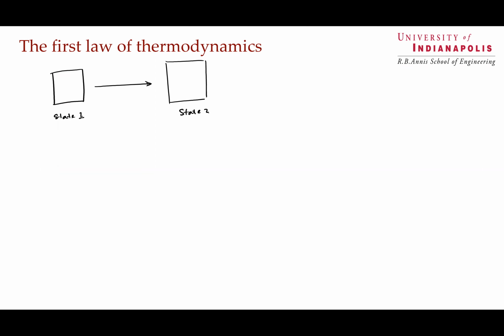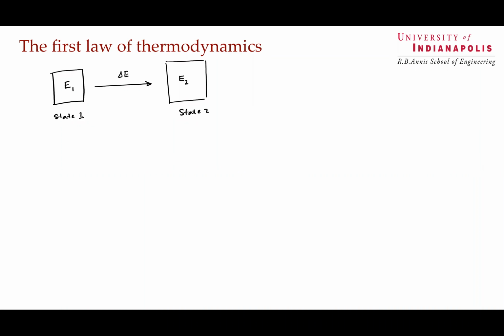That means the properties of the system change. Energy being a property, considered E1 at state 1 and E2 at state 2, two different energies. And the change of energy of the system is named as delta E.